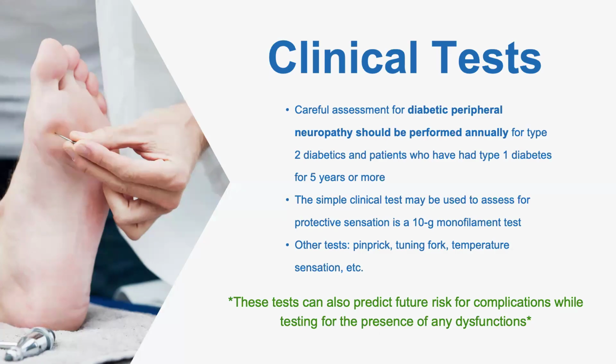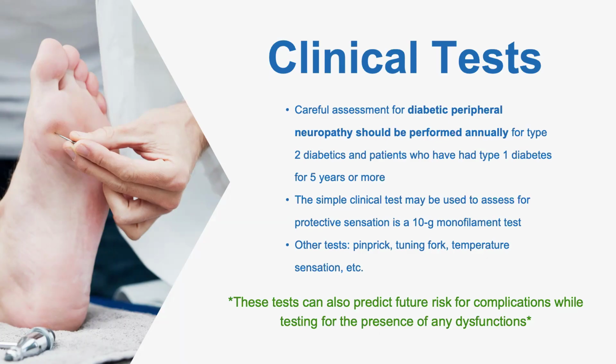Basically, you take a 5.07 Semmes-Weinstein monofilament, and you're going to place it on different parts of the bottom of the foot, on the plantar aspect of the foot. And this is going to test for protective sensation. We usually test about 10 different spots on the plantar aspect of the foot.